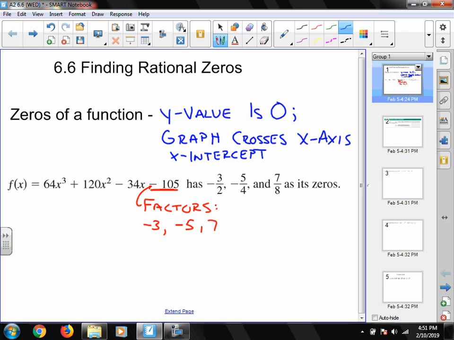I want you to tell me how that relates to 64. Maybe you've picked up on the pattern here. Your factors of 2, 4, and 8, all of these numbers divide 64.